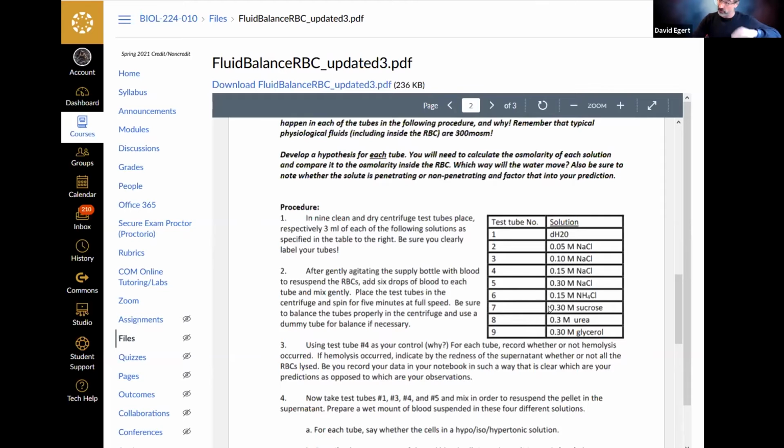Either way, either correct the molarities on the typo in your lab manual that you bought, or you can print this page and use this one. It doesn't matter. But make sure that your procedure in your lab notebook reflects the correct molarities and stuff.